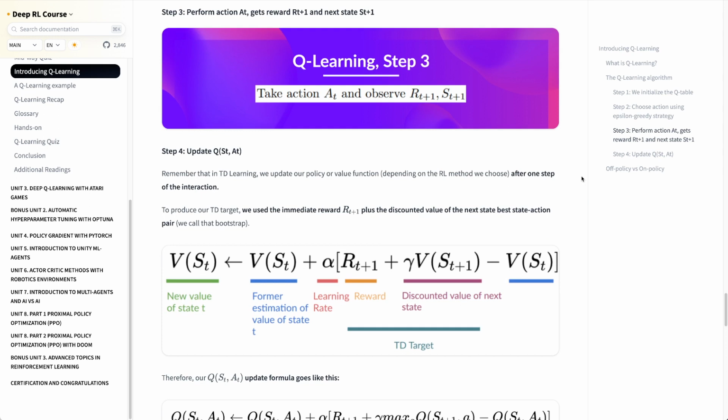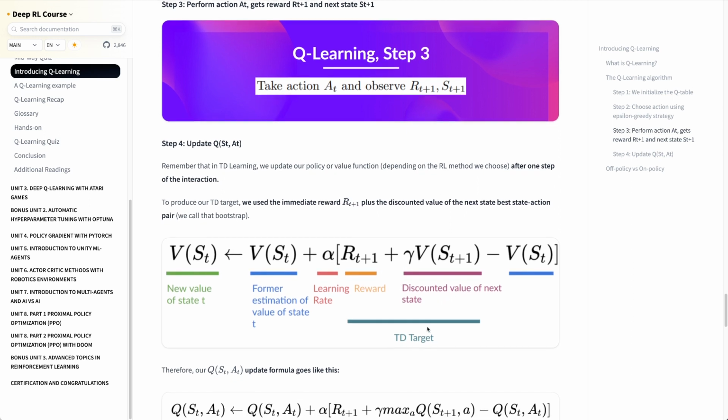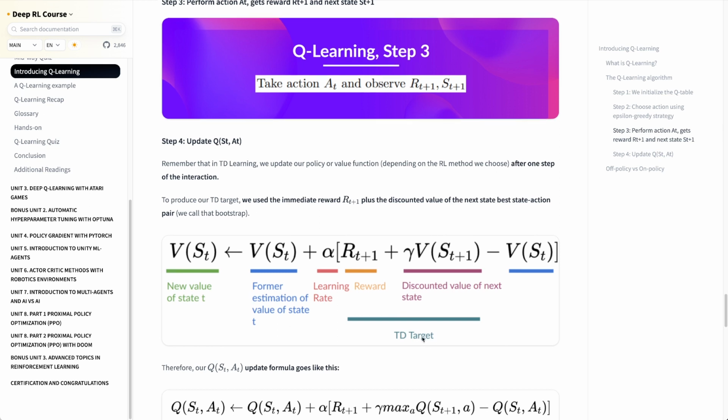To produce our TD target, we use the immediate reward plus the discounted value of the next state's best state-action pair. We call that bootstrapping, right? So here, the new state is being changed by this former state plus the learning rate, and then this term here, right? This term is the TD term of reward plus discounted value of the next state, right? This is the TD target.